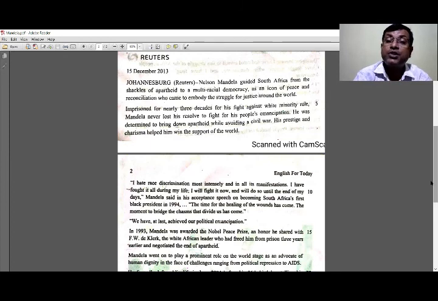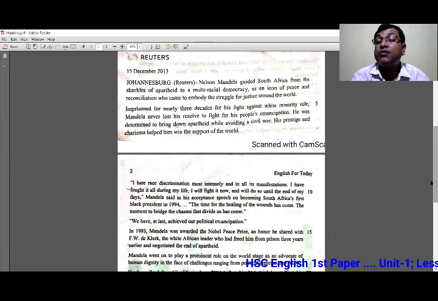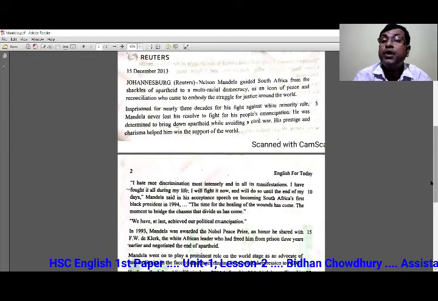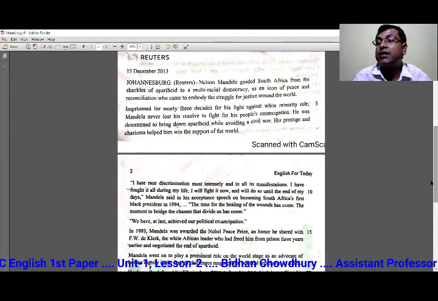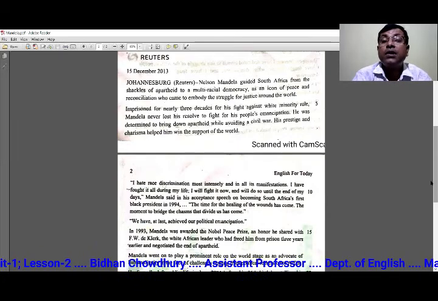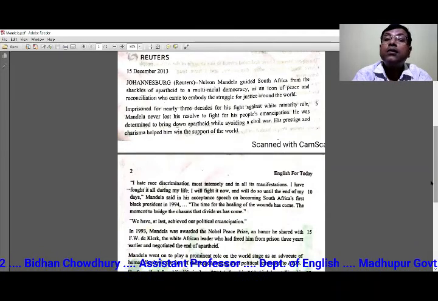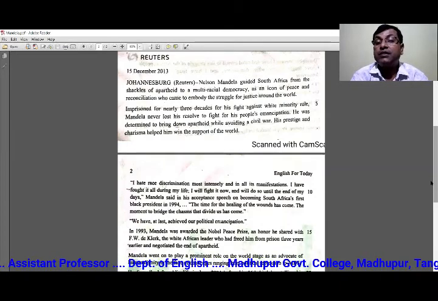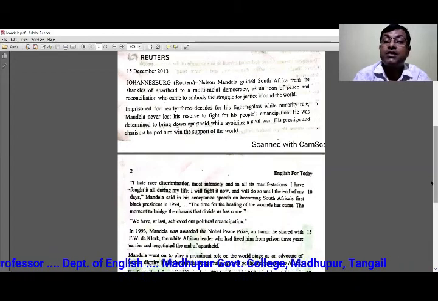He established democracy in South African society as an icon of peace and reconciliation. That means Nelson Mandela is regarded as a symbol of peace and reconciliation who came to embody the struggle for justice around the world. That means people around the world know Nelson Mandela as an emblem of justice or as a symbol of justice.